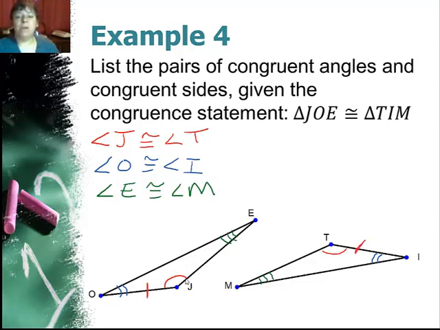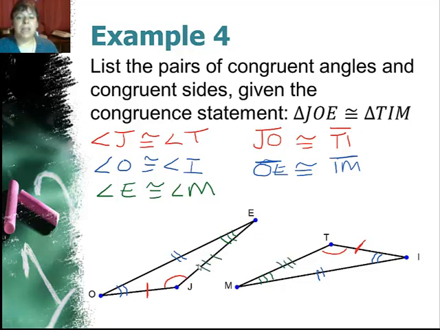Go ahead and mark. I like to go from the 1 congruent mark to the 2, 1 to 2. And so I will see that JO goes with TI. They're congruent. And then OE will go with IM. And finally, MT and EJ, both of those go together.